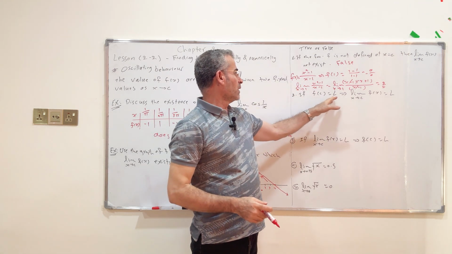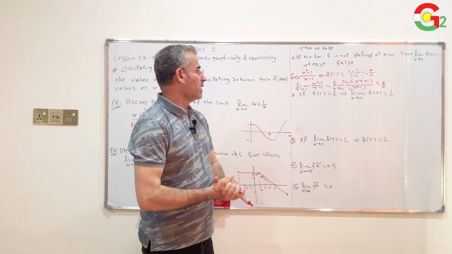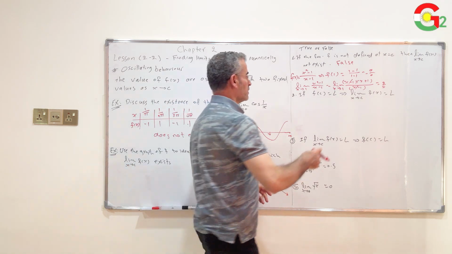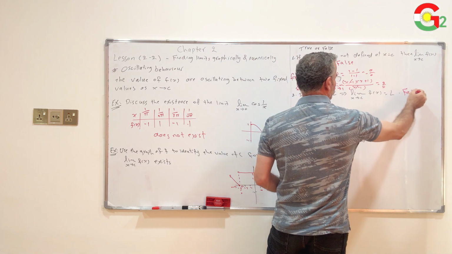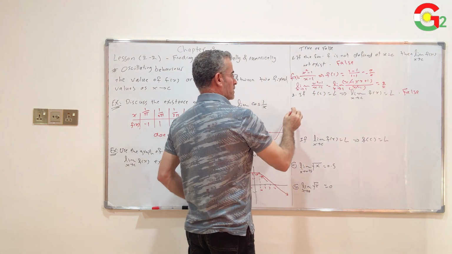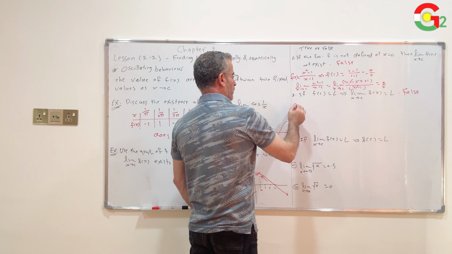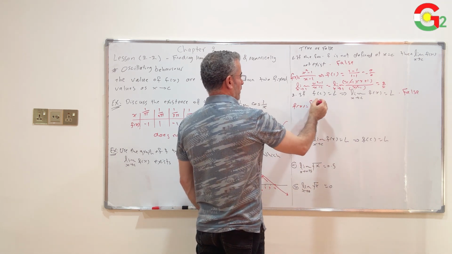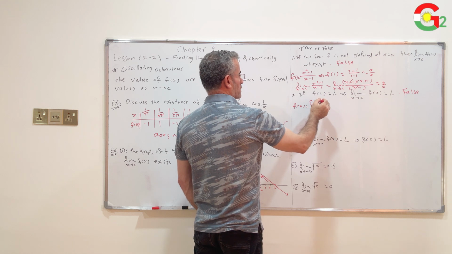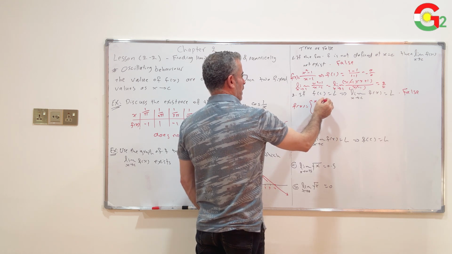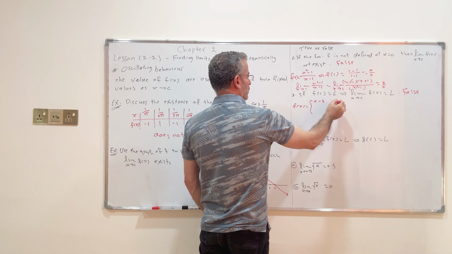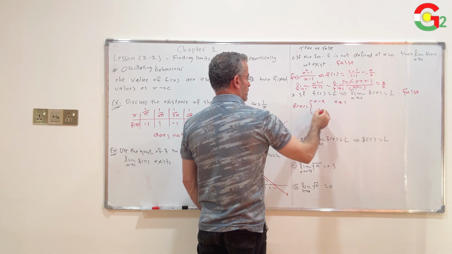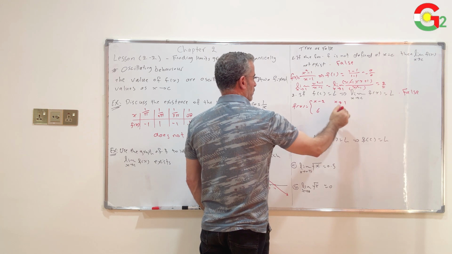If f of c equals L, a number, then the limit is also equal to this number. This is also false, because if we have a piecewise function, like f of x equals x minus 2 when x is not equal to 1, and 6 when x equals 1.